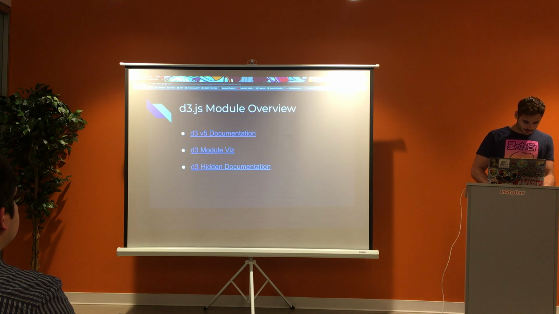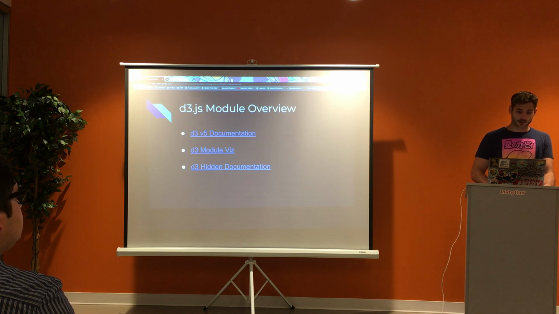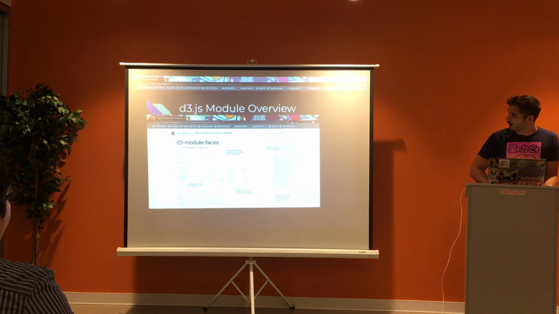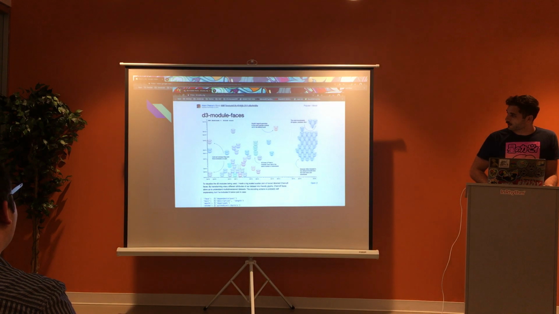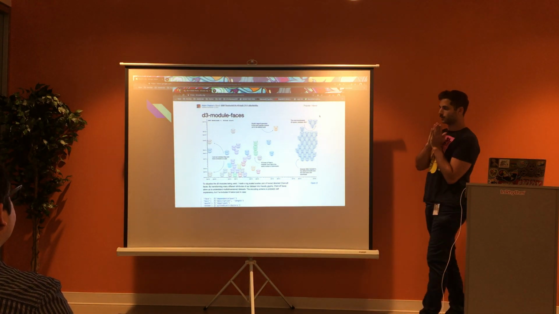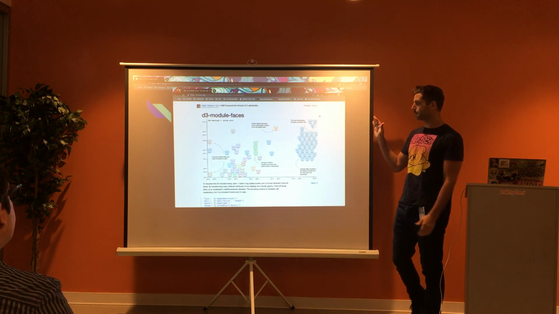Okay, so I want to talk about D3 modules. We're going to look at 3 things right now. First thing I'm going to show you is a data visualization that somebody did, right? This data visualization sums up all the D3 modules that are available on NPM.